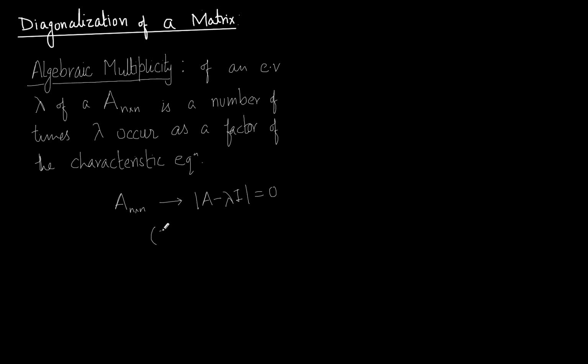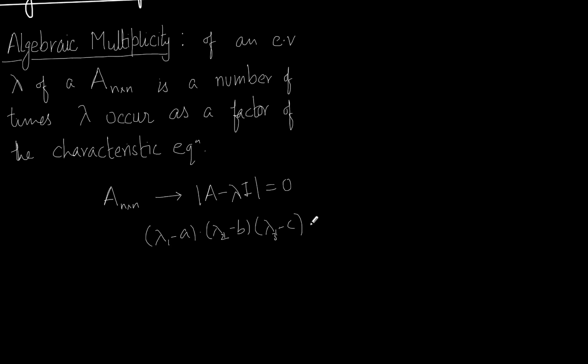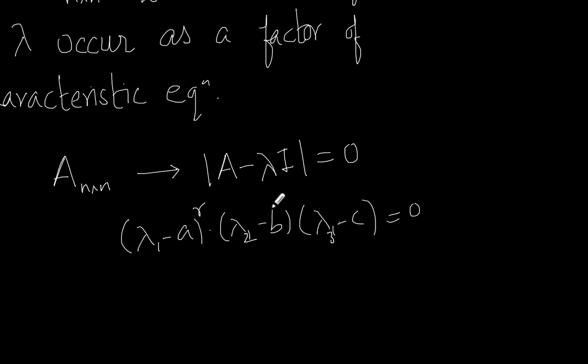For example, suppose this is (lambda 1 minus A), (lambda 2 minus B), (lambda 3 minus C), and so on, equal to 0. Suppose this is power R, this is power S, this is power T. So this is basically your characteristic equation where R, S, and T are some positive numbers.